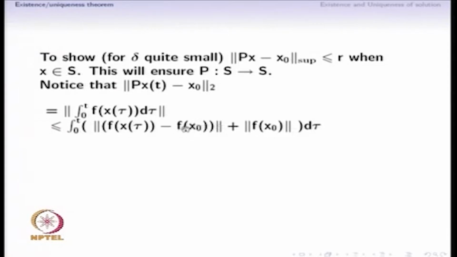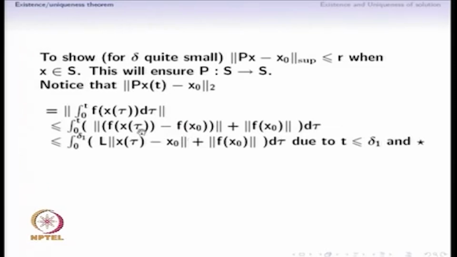Notice that we have just subtracted and added f of x naught, and while doing this, this quantity can increase because of the triangle inequality. Now we will integrate not just from 0 to t, but from 0 to delta 1. After all, t is some number at most delta 1. If we integrate this positive quantity up to delta 1, it is only going to become larger.